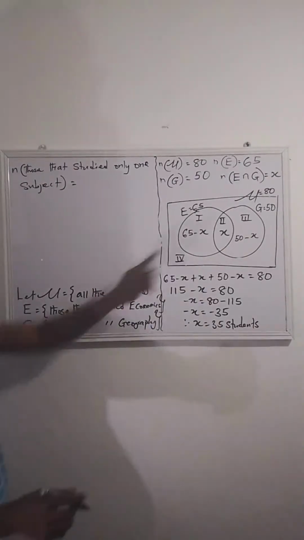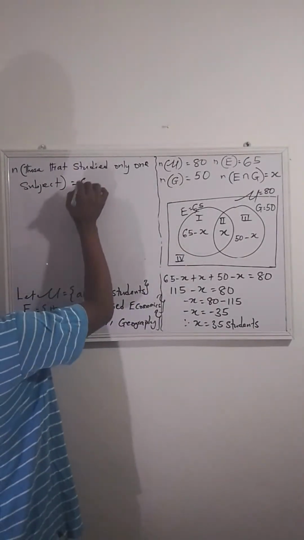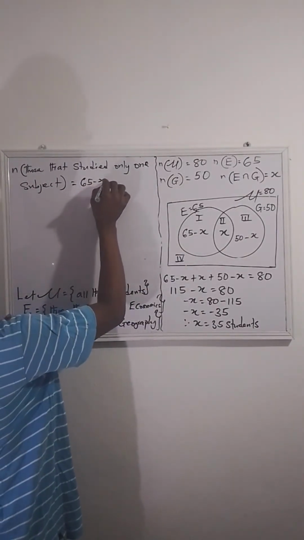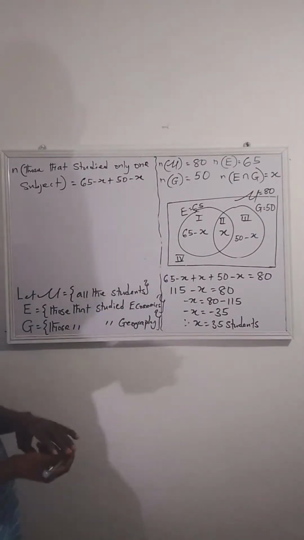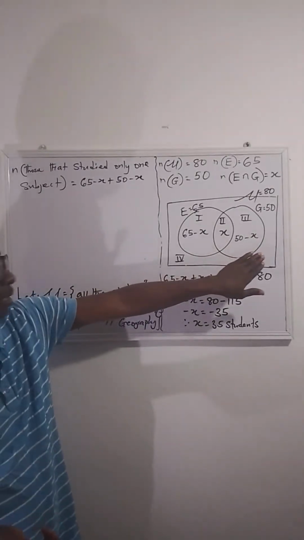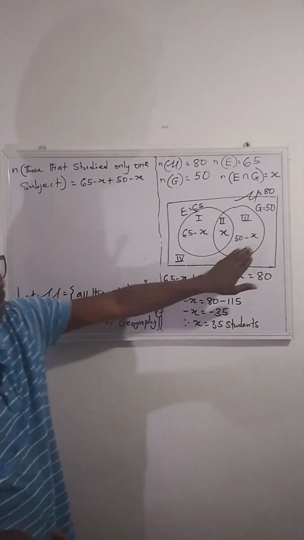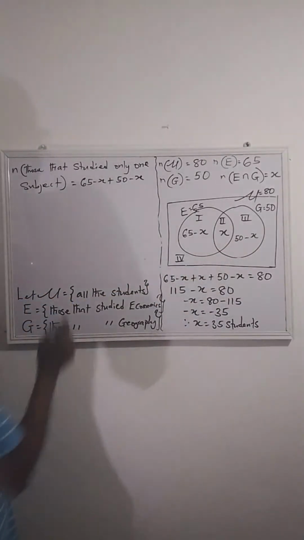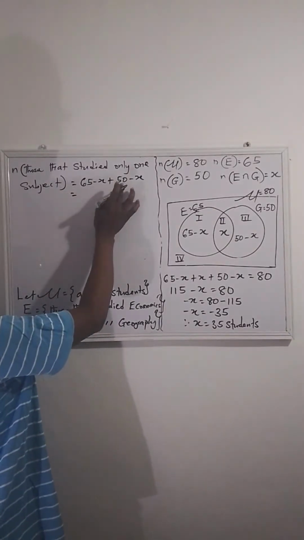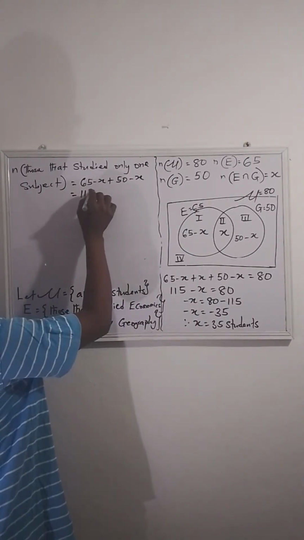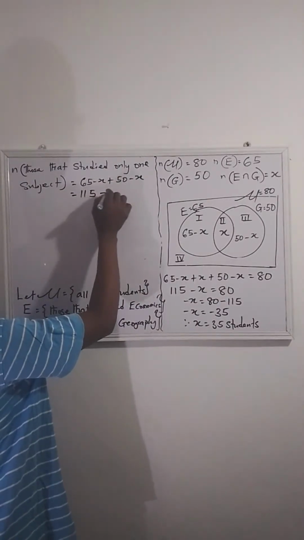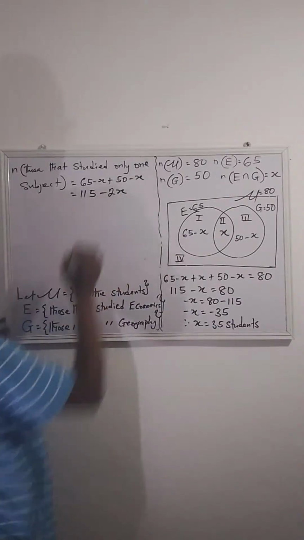will be, now you write this, 65 minus x plus 50 minus x. Because for only one subject, we have two parts that have only one subject. So you add the two together. When you add this and this together, you have 115, and this is minus 2x.